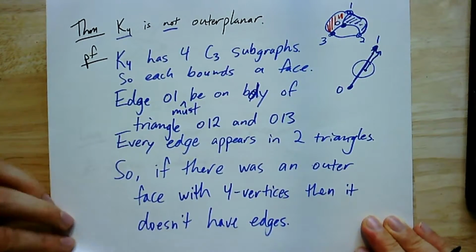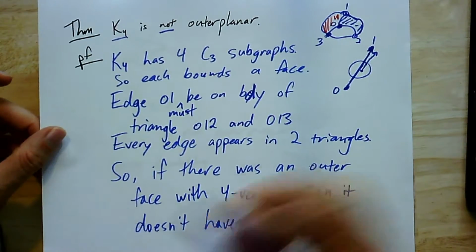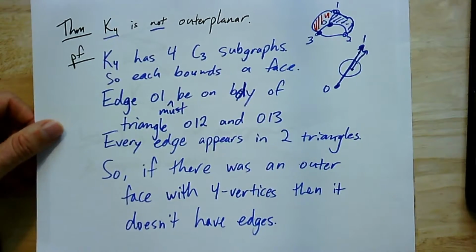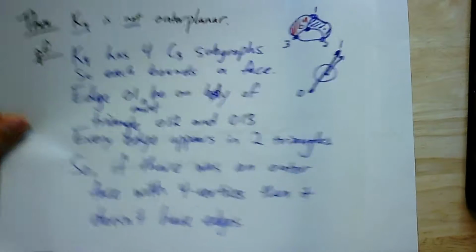Right? Every edge has already used up its allotted two faces that it can participate in. You can't find such an embedding where K4 has all the vertices on the outer face. You always have one vertex that's inside a triangle formed by the other three.